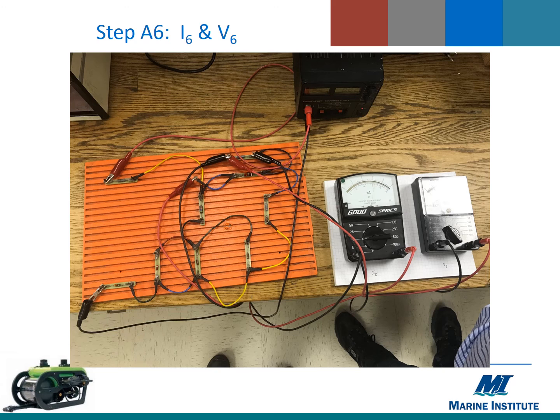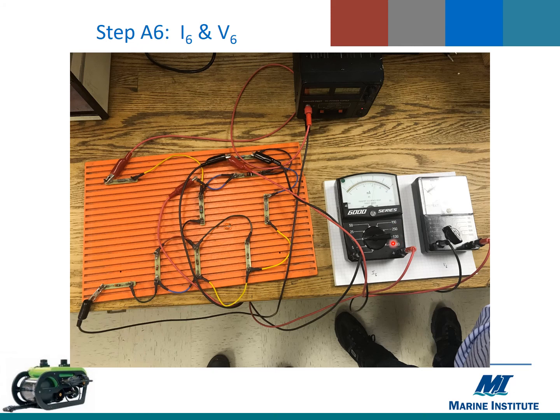Okay, so the last set of meters that we've shown you is the measurement for I6 and V6. From figure 6-1 now, this resistor at the very top here was R6. And so we have broken the circuit by taking off this blue clip right here that used to bring current from this junction into our R6, and we have connected that through this red wire here to the positive terminal of the milliammeter.